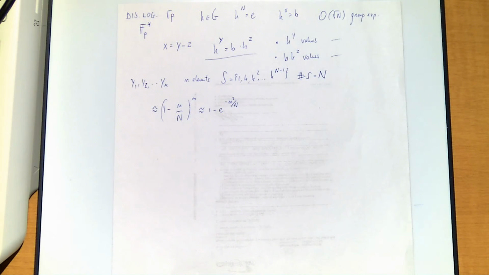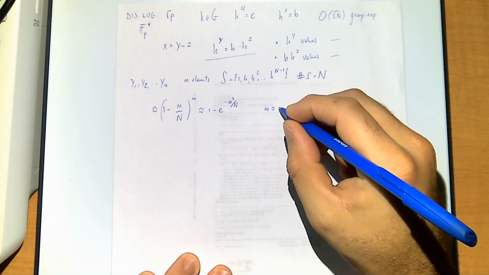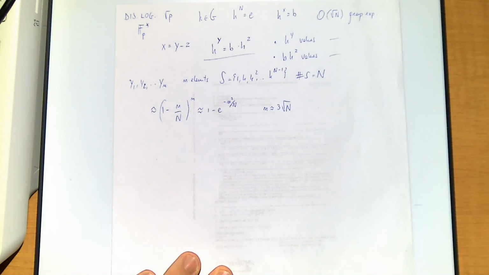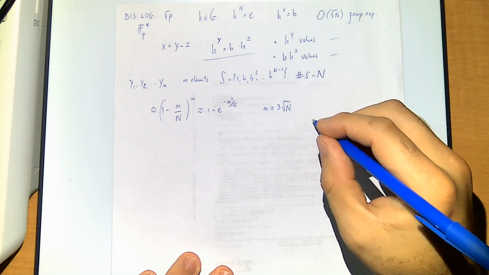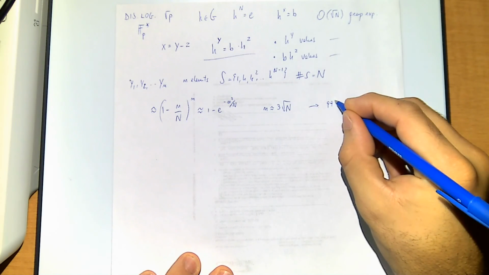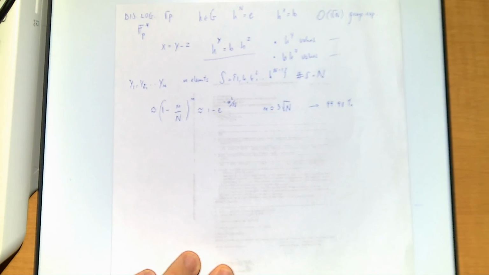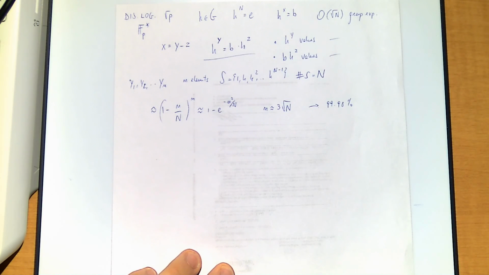And so what you can do is choose n to be approximately 3 square root of N, which is order of square root of N, and then this probability boils down to about 98 or 99% of getting a match. So basically, you're guaranteed to find a match.